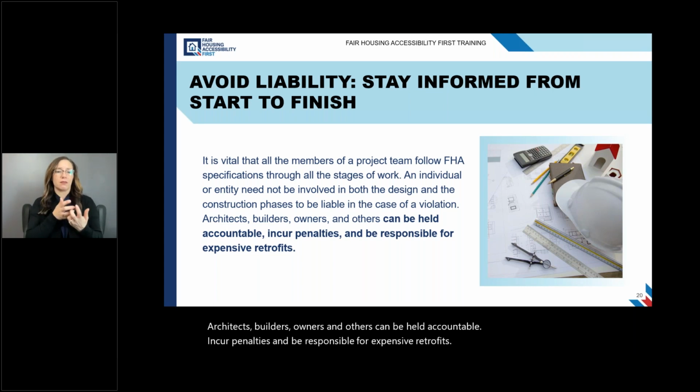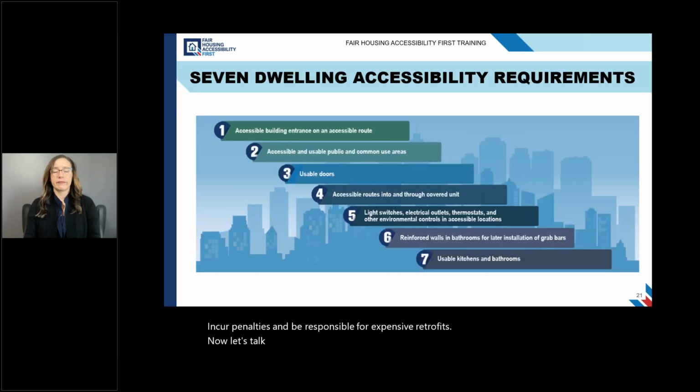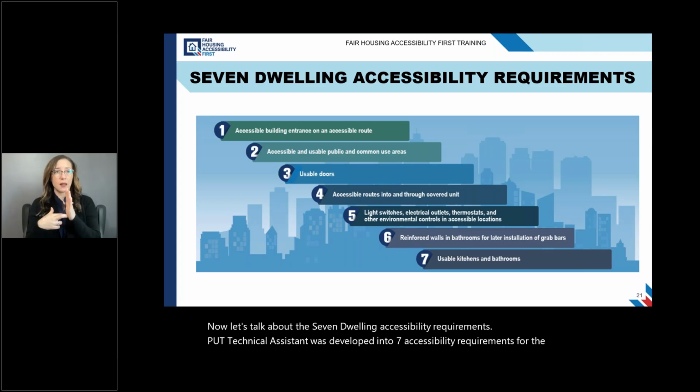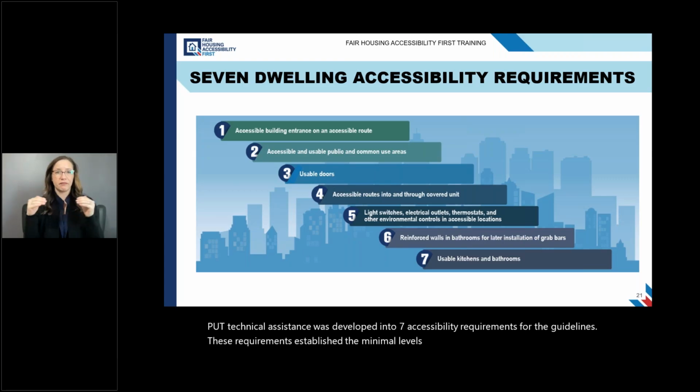Now let's talk about the 7 dwelling accessibility requirements. HUD's technical assistance was developed into 7 accessibility requirements for the guidelines. These requirements establish the minimal levels of accessibility mandated for covered dwellings.